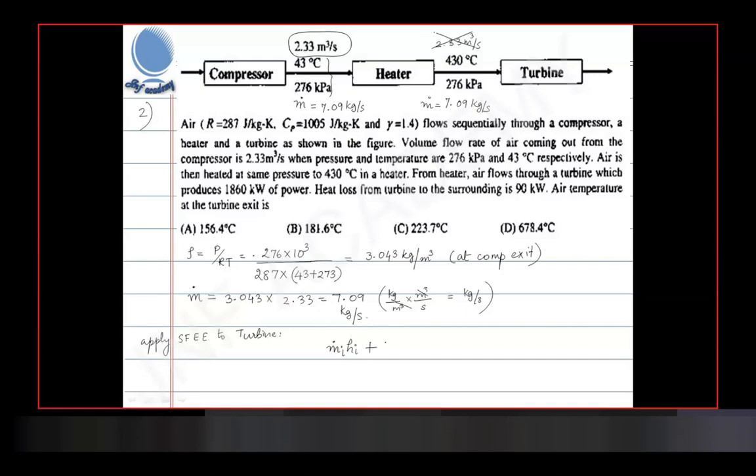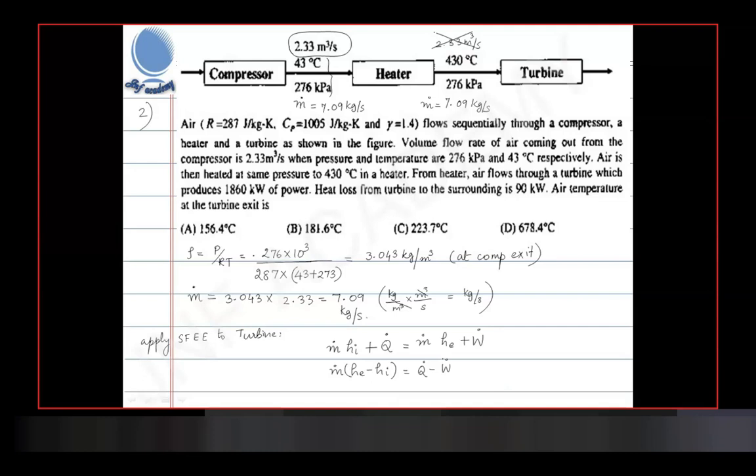You can write m dot i hi plus Q dot equals m dot e he plus W dot. m dot i and m dot e are the same, so I'm just going to use m dot times (he minus hi) equal to Q dot minus W dot.